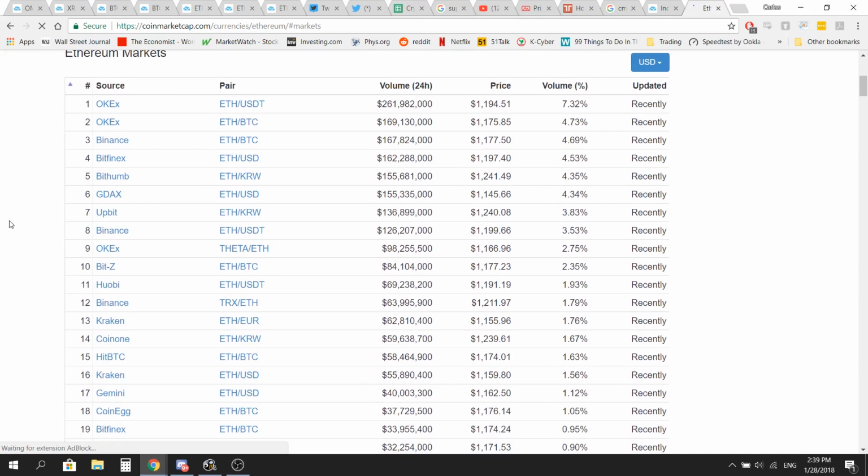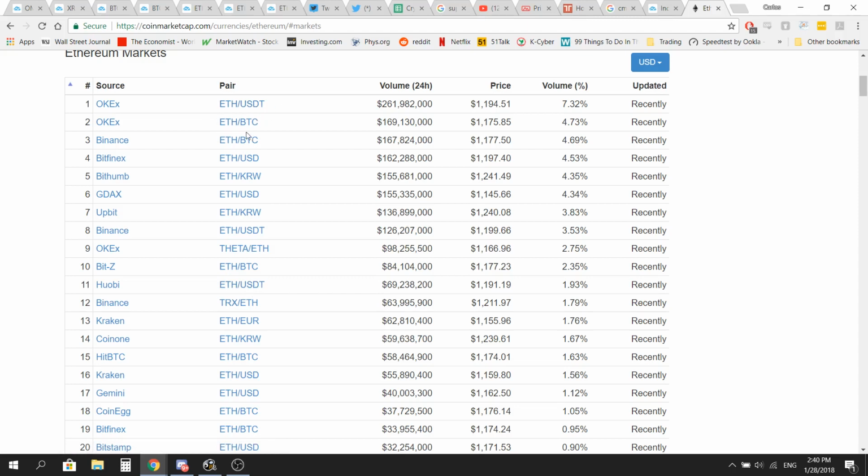A majority of volume is coming through USD, not BTC. So what I did is I took the top 5 of each. So I took USDT at OKX, Bitfinex, GDAX, Binance, and Huobi. Add those 24-hour volumes up, and it came out to about 760 million.